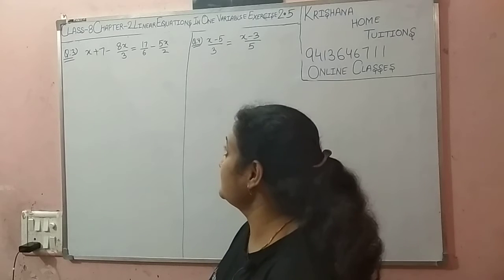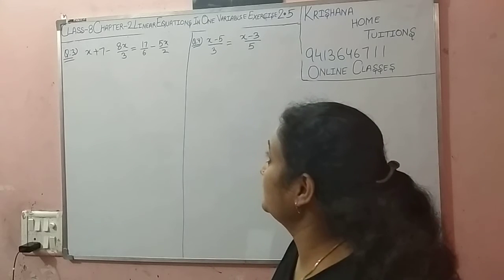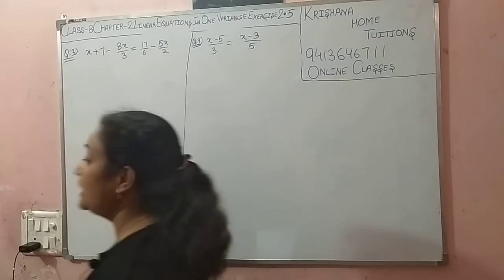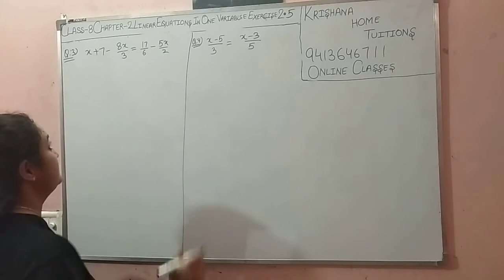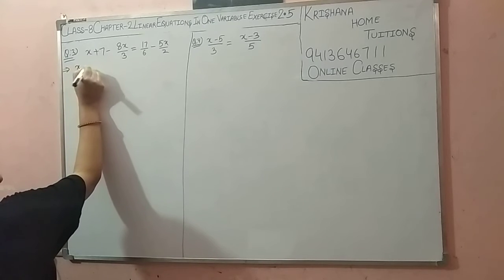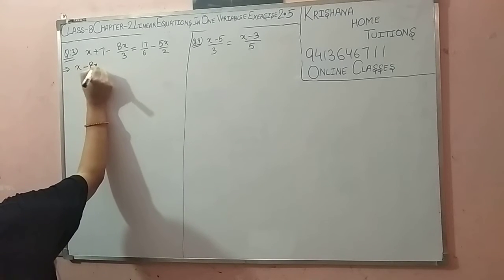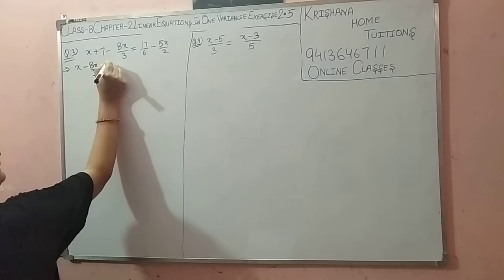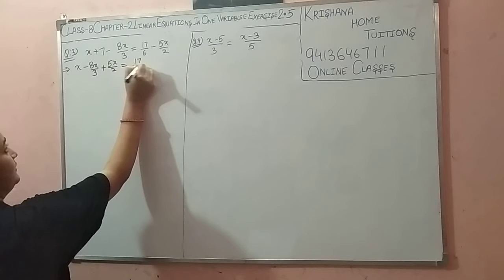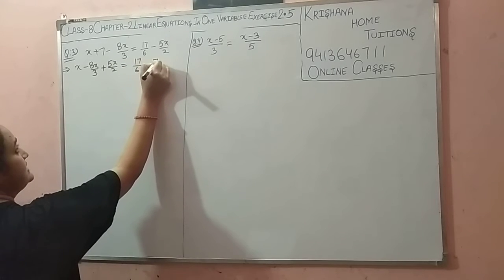Question number 3, x plus 7 minus 8x upon 3 is equals to 17 upon 6 minus 5x upon 2. So first I am transferring the variable terms to one side. So x minus 8x upon 3 as it is plus 5x upon 2 is equals to 17 upon 6 minus 7.